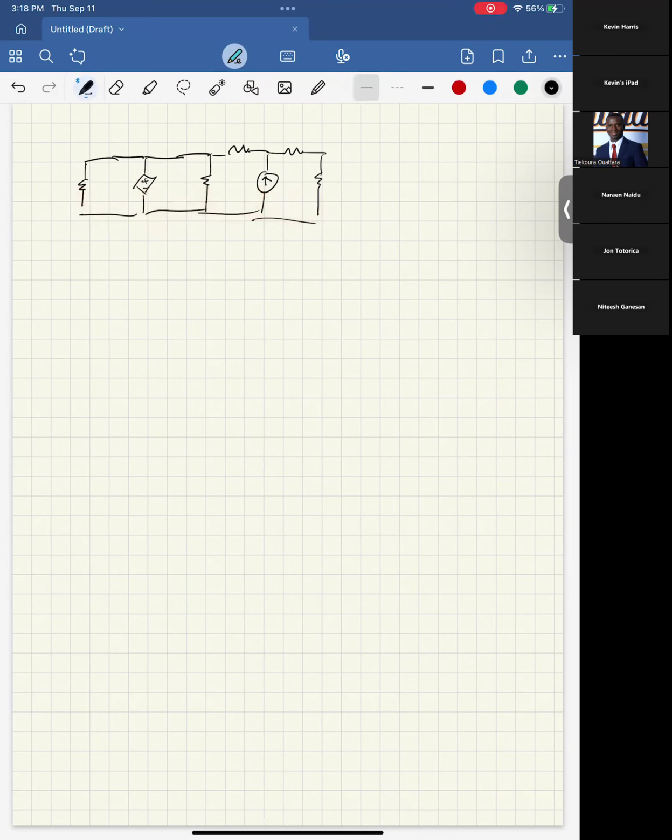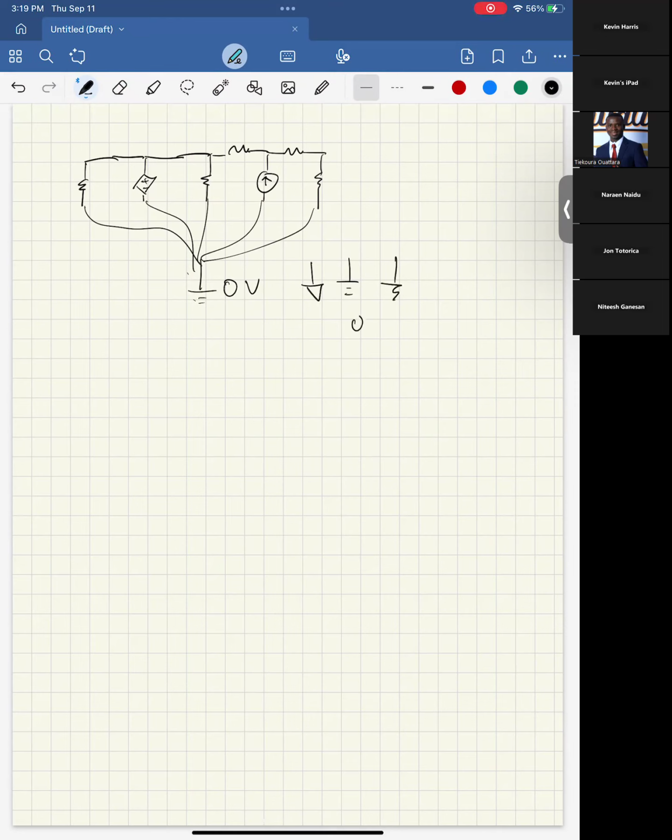You can think of this as all of these meeting at the same point, and so this would be your 0 volts. This symbol means ground or 0 volts. You might also see this, or a teacher writes it fast like that, and these all just mean 0 volts.